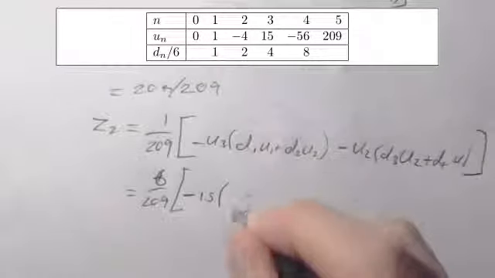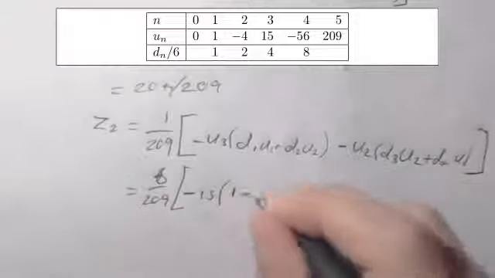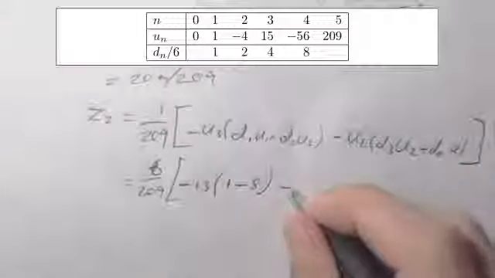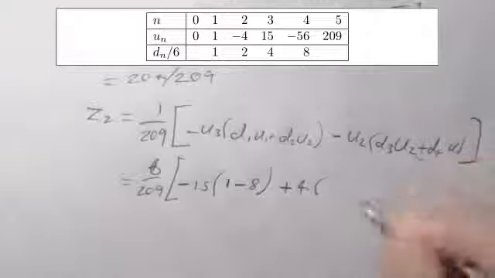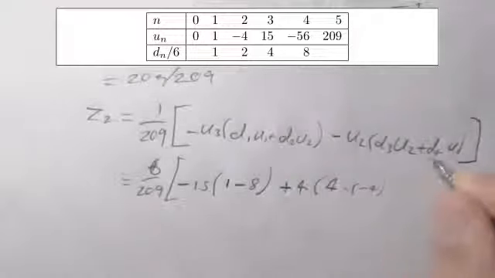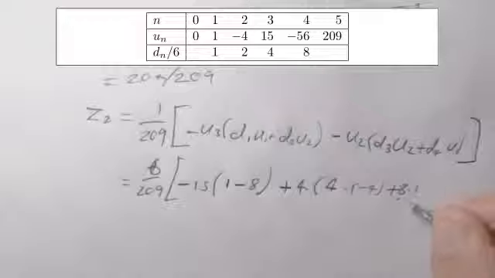So this is going to be 1 times U1 minus 2 times U1 plus 2 times U2, so that's minus 8. Minus U2, so that's plus 4. D3 U2, so 4 times minus 4, plus D4 plus 8 U1 times 1.